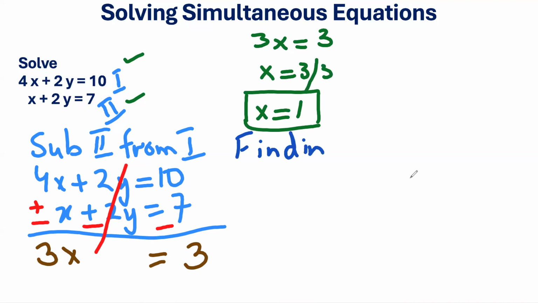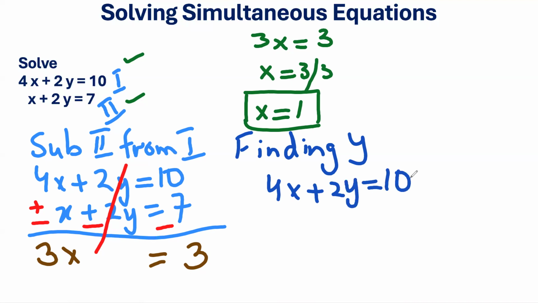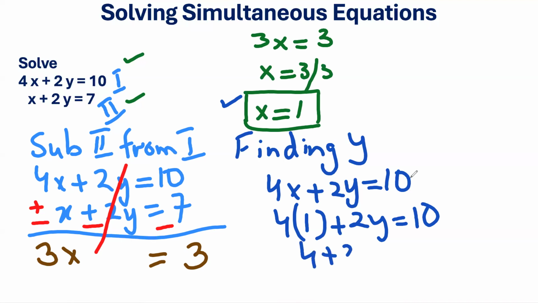Equation number 1 is 4x plus 2y equals 10. In equation number 1, you have to substitute the value of x. The value of x is 1. So x can be substituted here as 1. 4 multiplied by 1 plus 2y equals 10. 4 plus 2y equals 10.